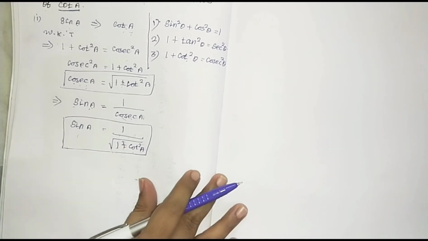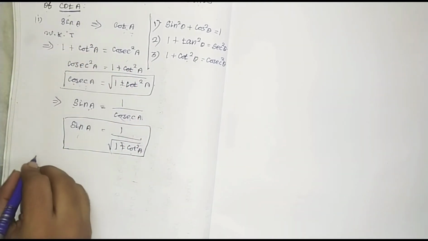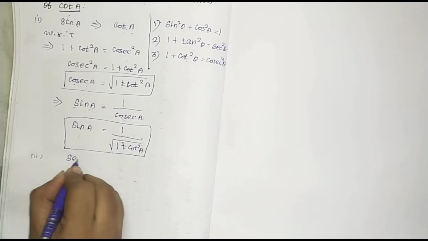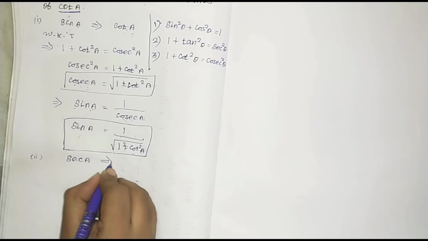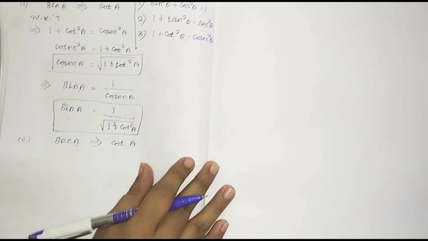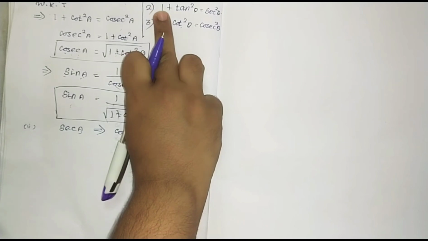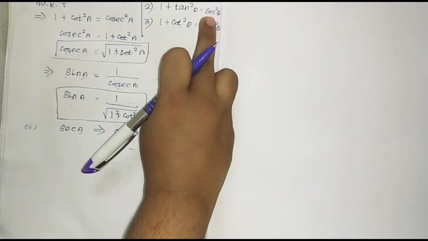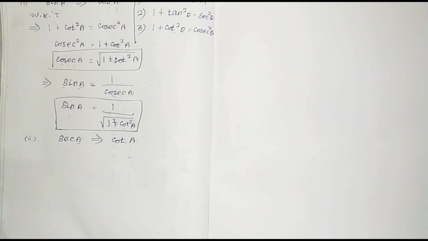The second one is to convert secant A to cot A. For that we have to consider the second trigonometric identity, 1 plus tan square theta equal to secant square theta.